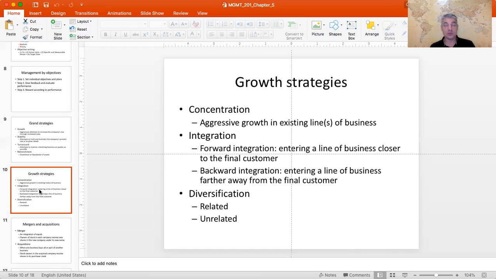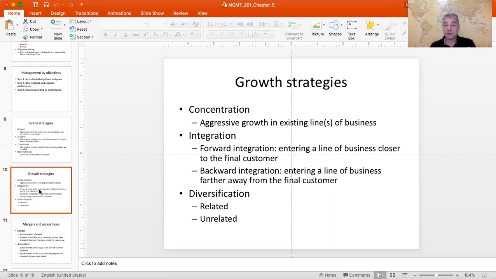Unrelated diversification is where you go into markets that have absolutely nothing to do with where you are currently. So, if you are, I don't know, a jet ski rental place, you may also try to open a car detailing business on your premises so that people who come to you to rent jet skis for a couple of hours may also have the car detailed while they are using jet skis.